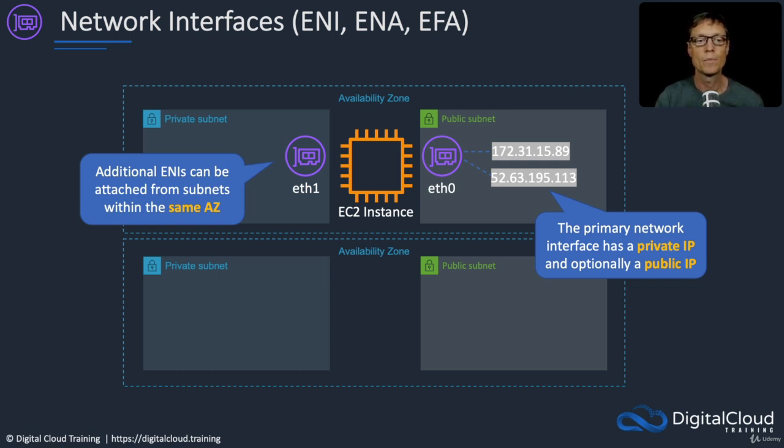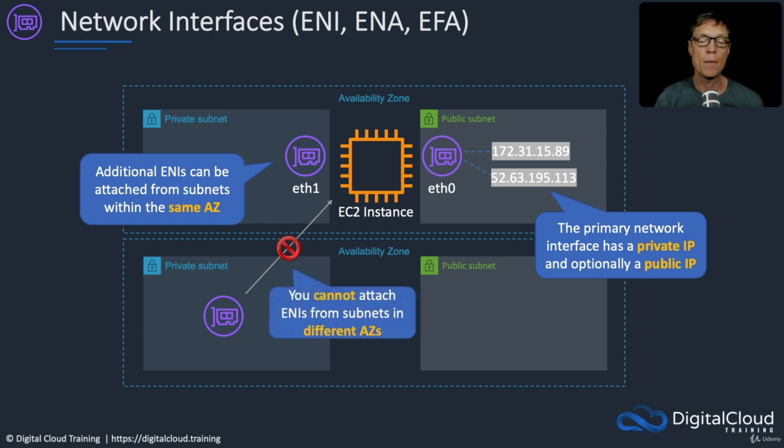So ETH1 is in the private subnet, but that private subnet is within the same availability zone as the public subnet where ETH0 is. Now, we could not attach an adapter from a subnet in another availability zone. That just won't work. So the key thing to remember is you can have multiple adapters connected to an instance. They can be in different subnets, but the subnets have to be in the same availability zone.